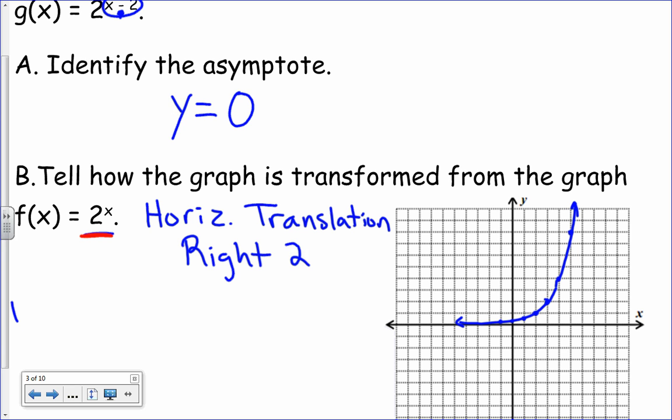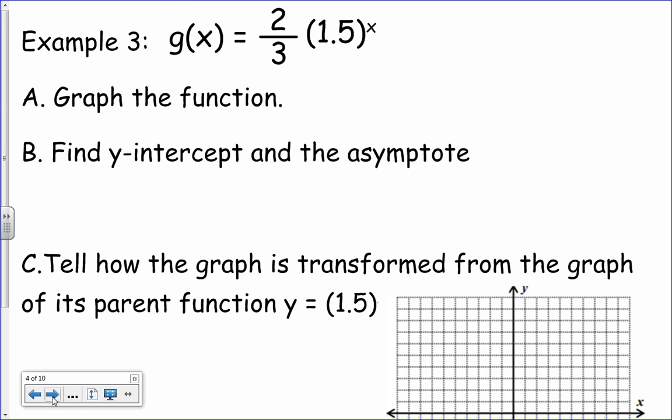It's -3, 0.125, -2, 0.25, -1, 1/2, 0, 1, 1, 2, 2, 4, and then 3, 8. So you can see all these points. Between these points, you got 2 spots to the right. That graph looks something like this. They have the same asymptote. All right, move to example 3.